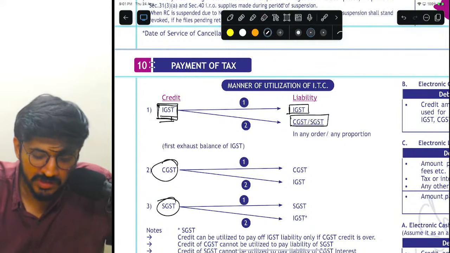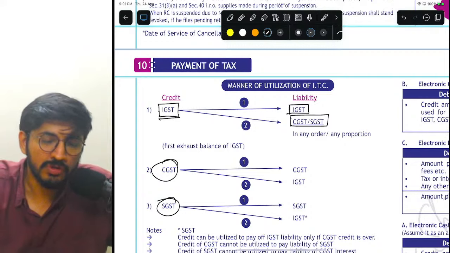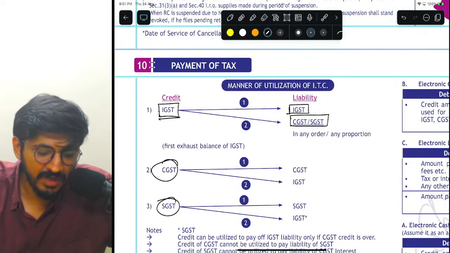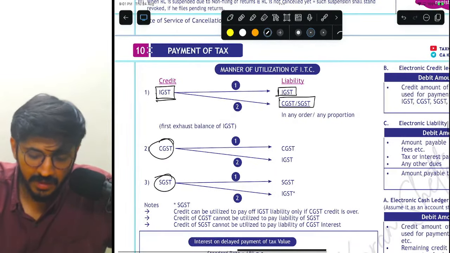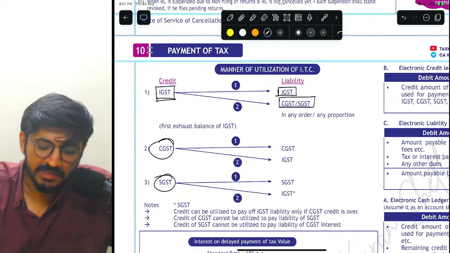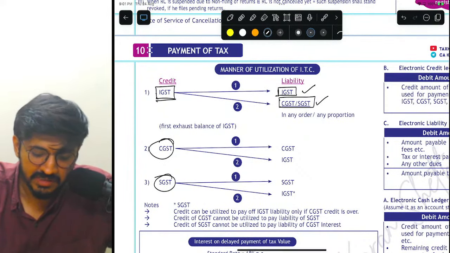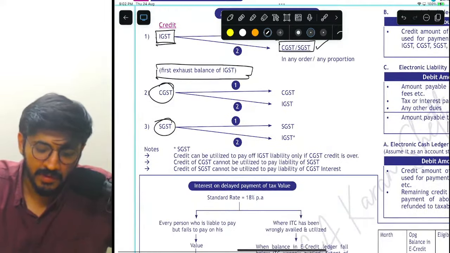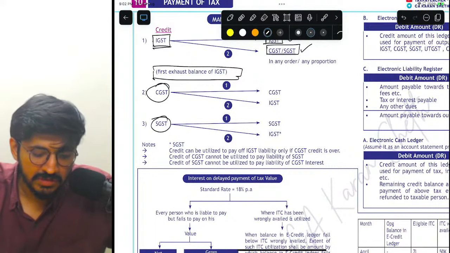Once you exhaust IGST, the concept is very simple. You knock it off against IGST liability and CGST or SGST liability. But once you've exhausted that, you can then use CGST credit or SGST credit.